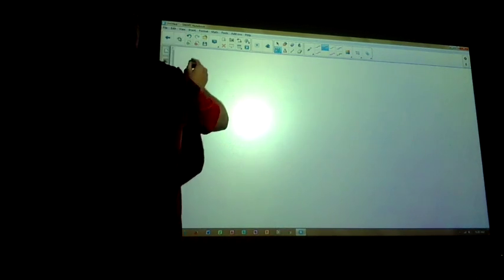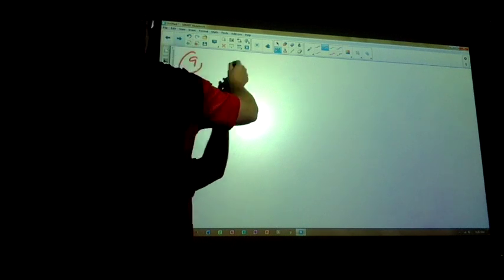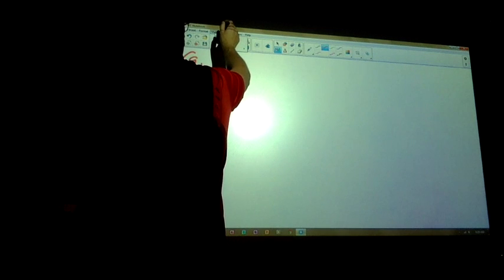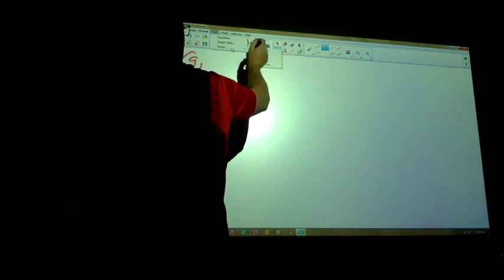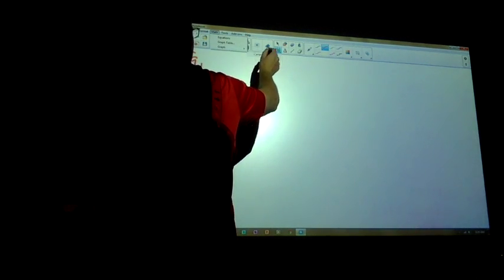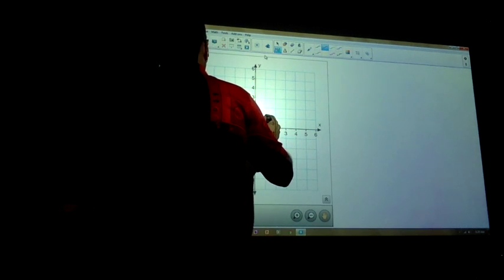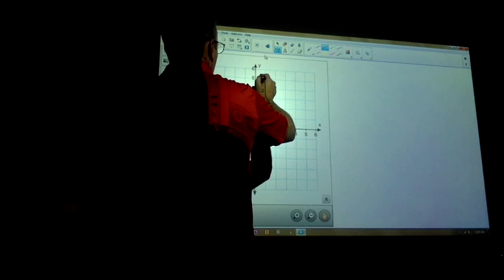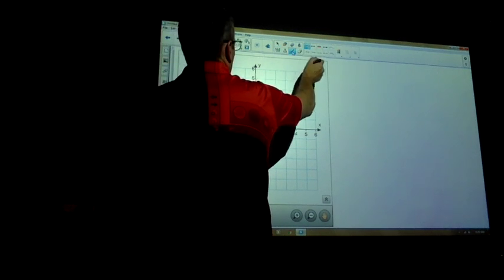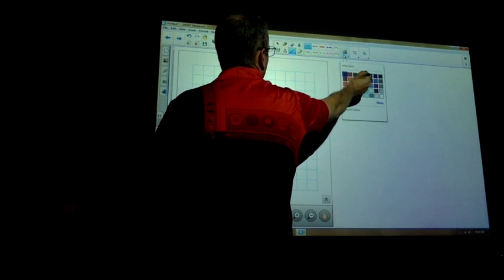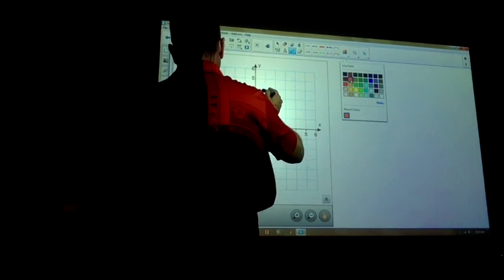All right. Let's take a look at number 9. So number 9, I'm going to put a graph. I'm going to put the Cartesian up. So I think we have a linear equation that is about, let me do this orange.